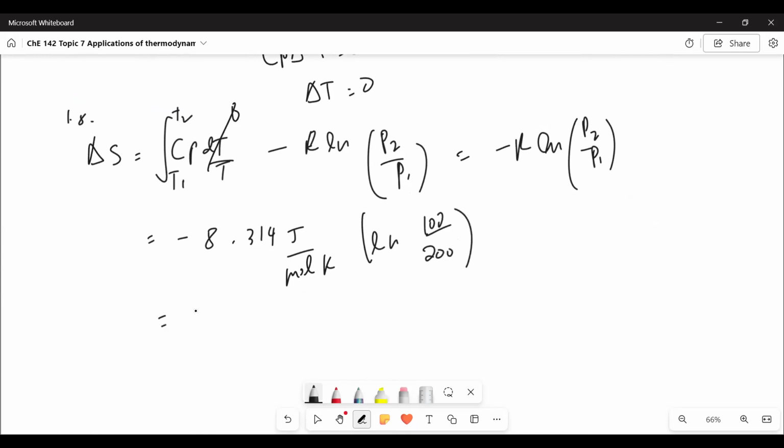What you will get there is a positive entropy change, which is expected: 5.76 joules per mole Kelvin. So this is the answer.